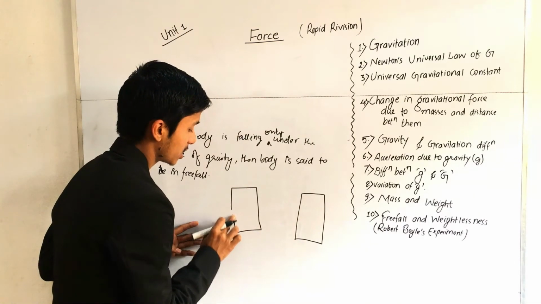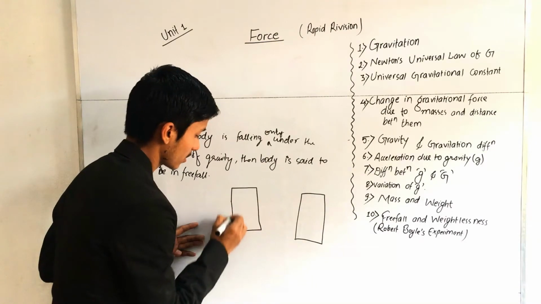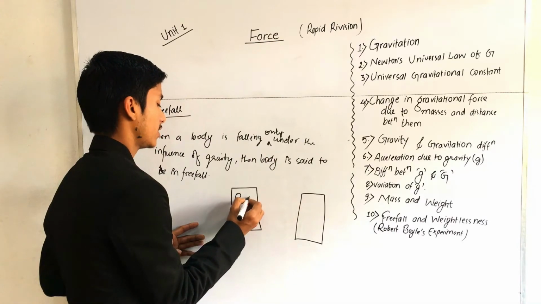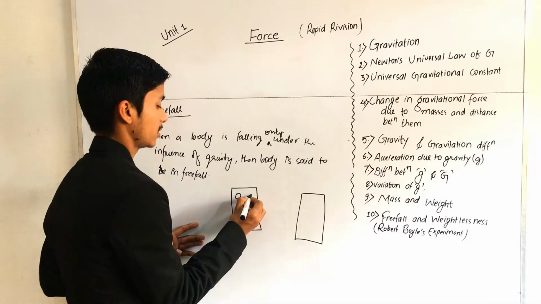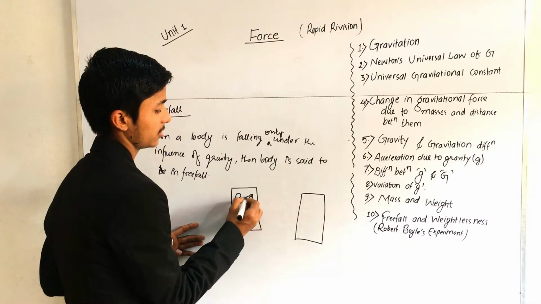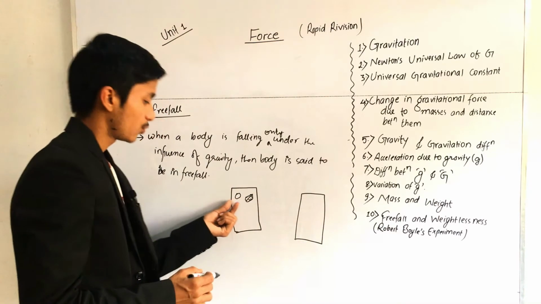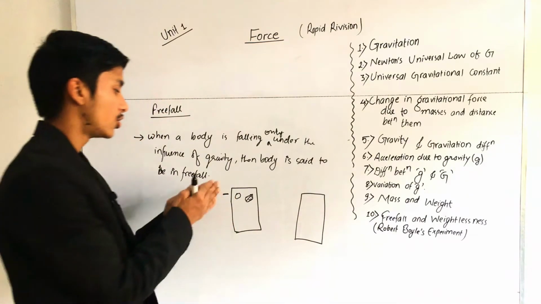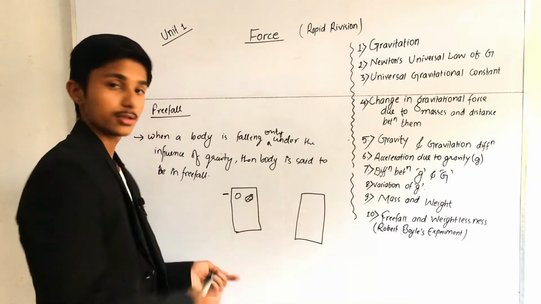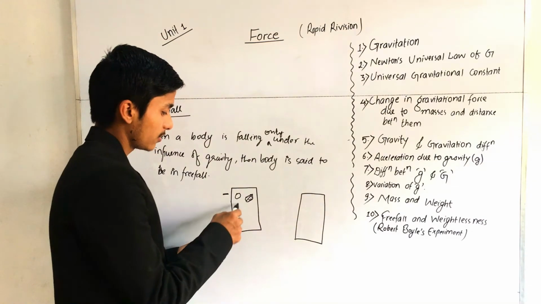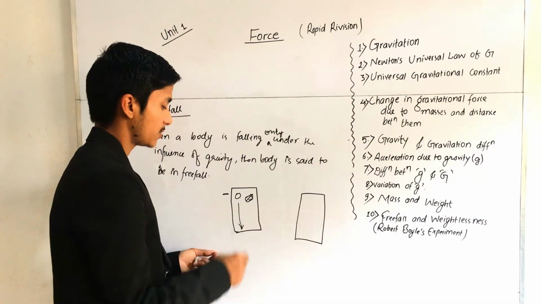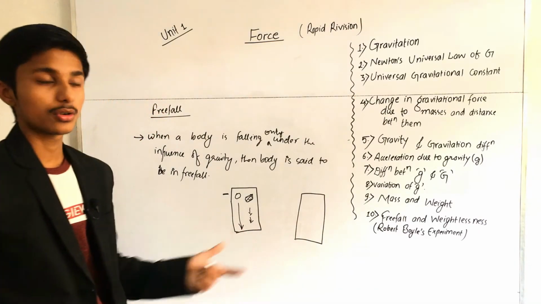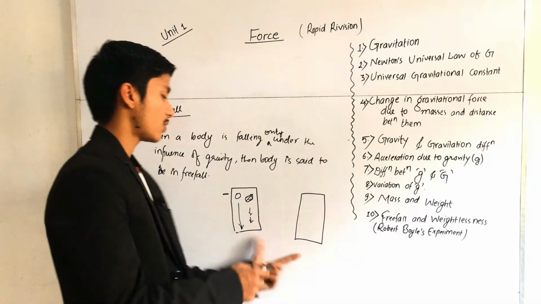In the first case, he put the coin and feather at some height and dropped these two bodies. Then the coin fell faster and the feather fell slowly.